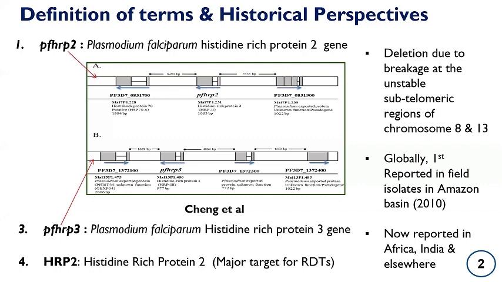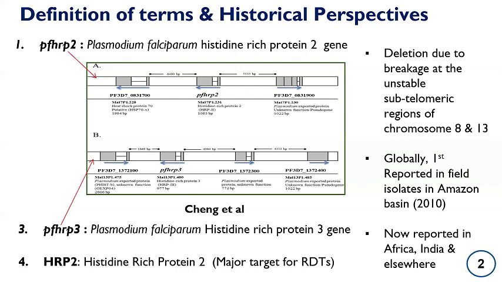HRP2 is Plasmodium falciparum histidine-rich protein 2, a gene located on chromosome 8 of the parasite genome. And HRP3 is Plasmodium falciparum histidine-rich protein 3, a gene located on chromosome 13. These two genes have similarity in amino acid sequences, and their proteins actually cross-react.